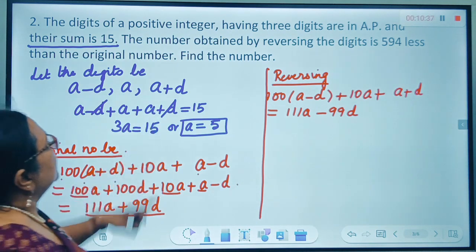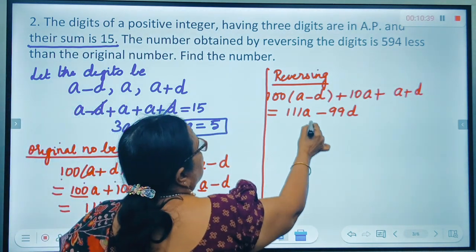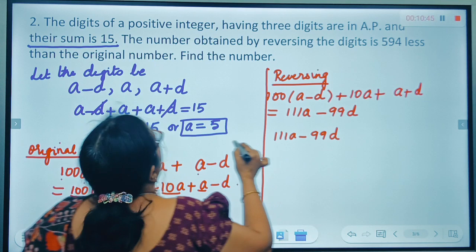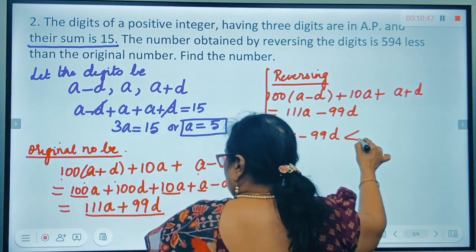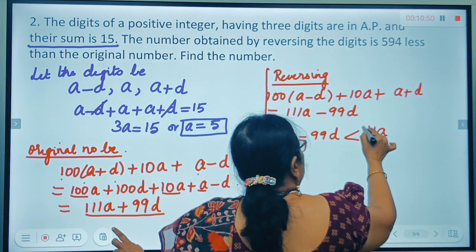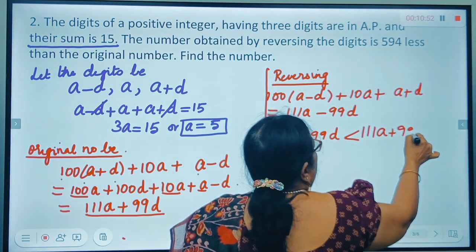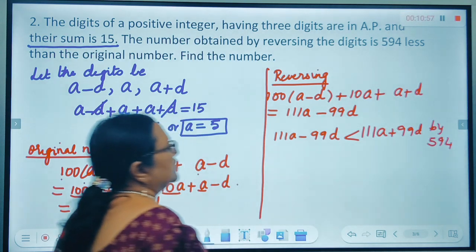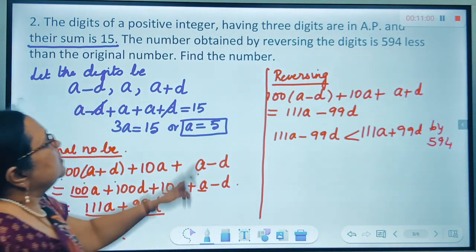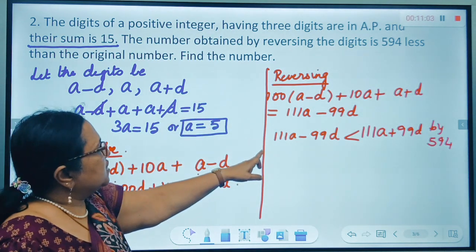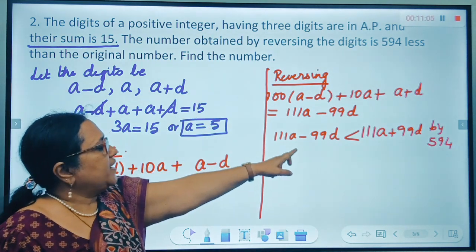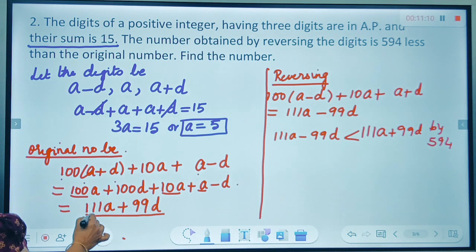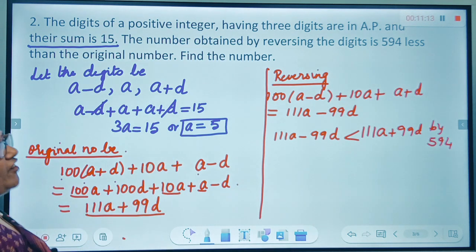Now what does he say? The number obtained by reversing the digits, this is 111a minus 99d, is less than the original number, this is the original number, 111a plus 99d, by 594.